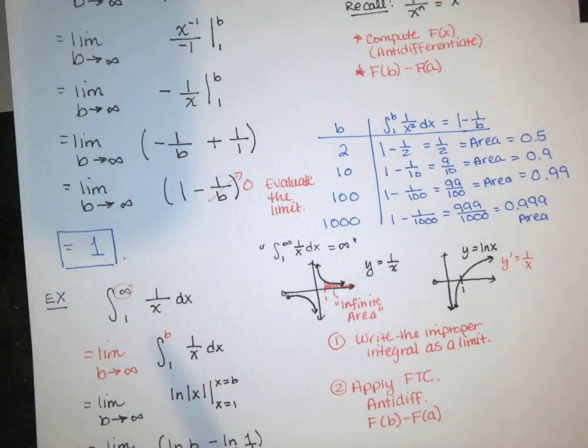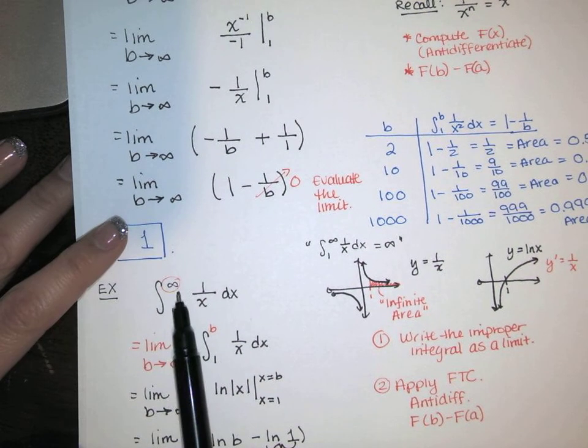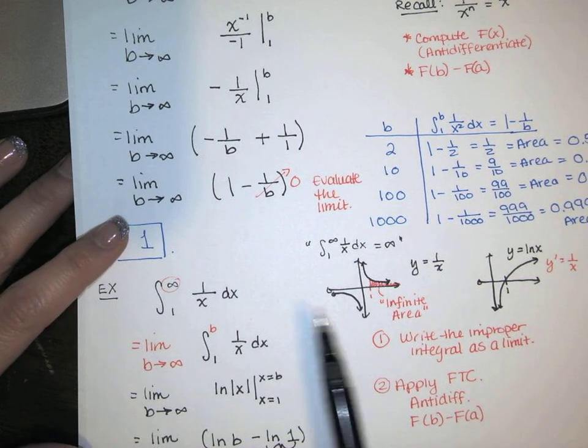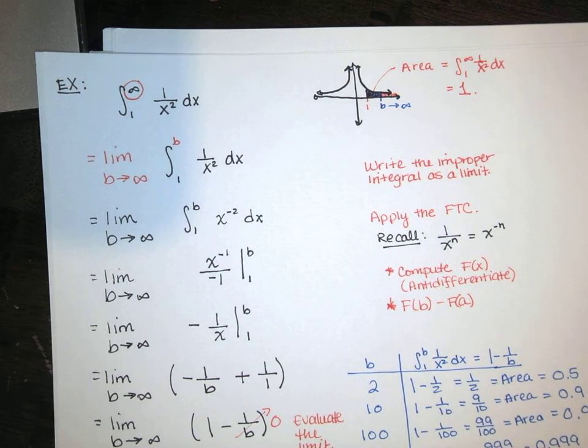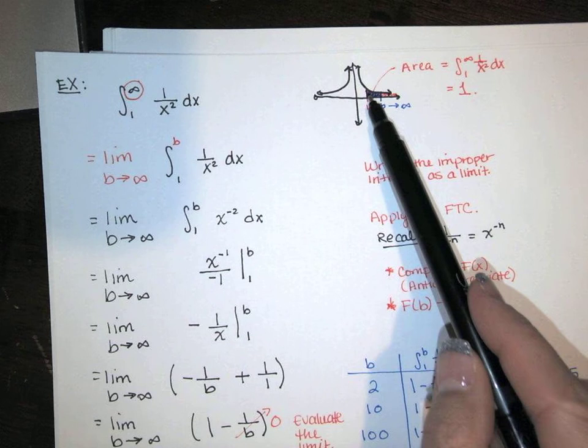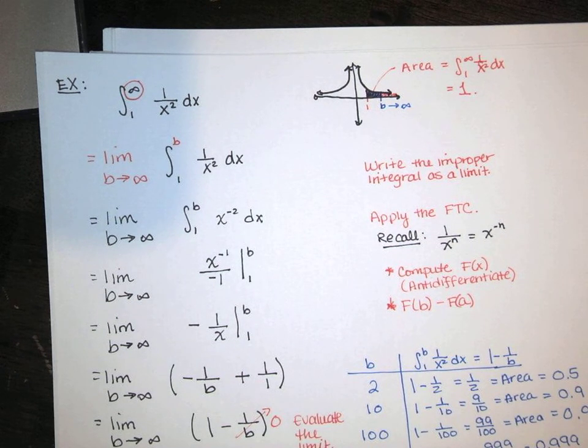But I just wanted you to see, if you have a type 1 improper integral, you might get infinite area, or you might get finite area. You get 1, you could get infinity, you could get something in between. You might even get like a negative 17 if this thing dipped below the x-axis. So I'm going to wrap this video up, and we'll do some more examples in another video.